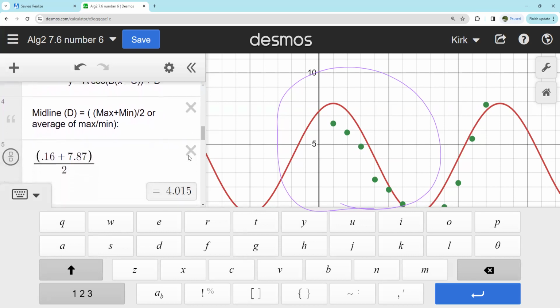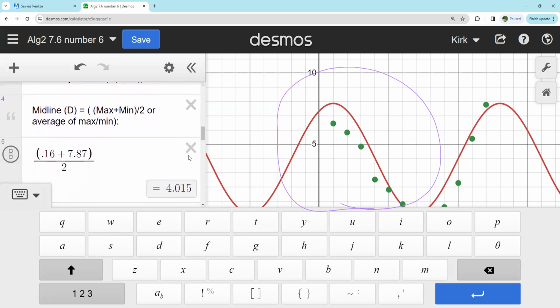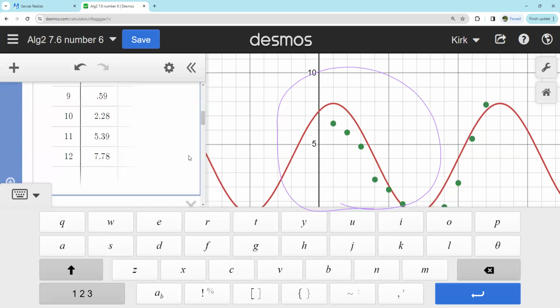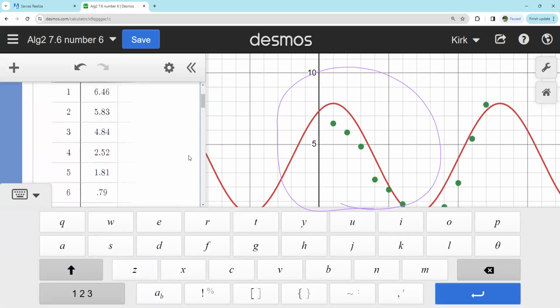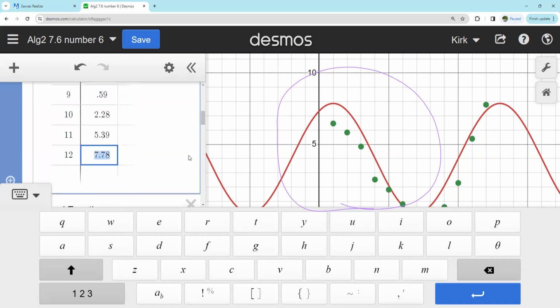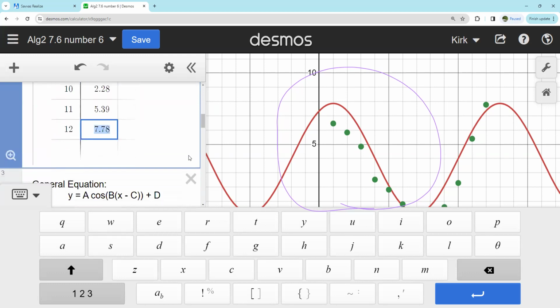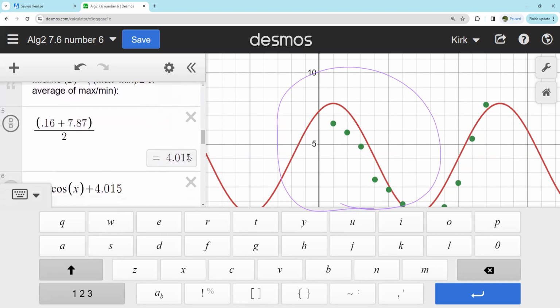For your midline D, you take the highest point of your data and the lowest point and find their average. My lowest point was the 0.16, and my highest rainfall was this 7.78, and then I added them together and divided by 2.